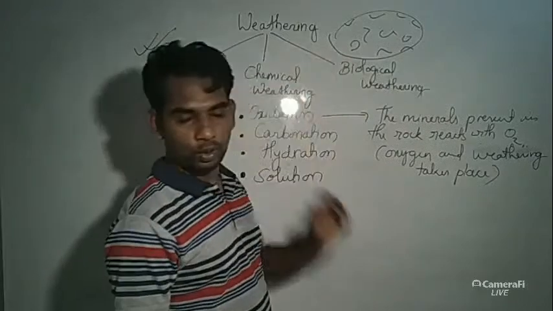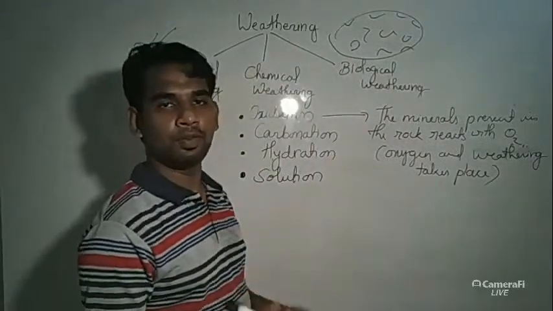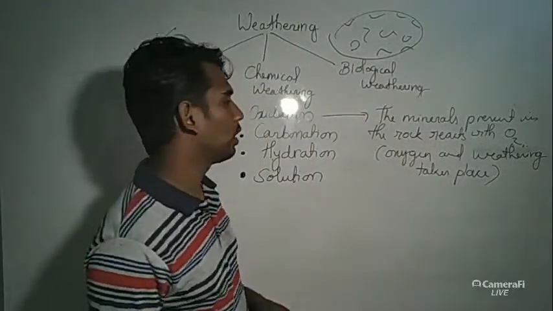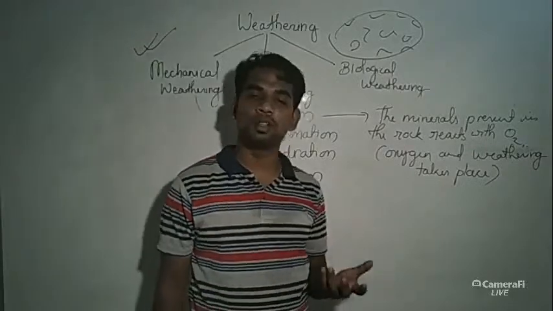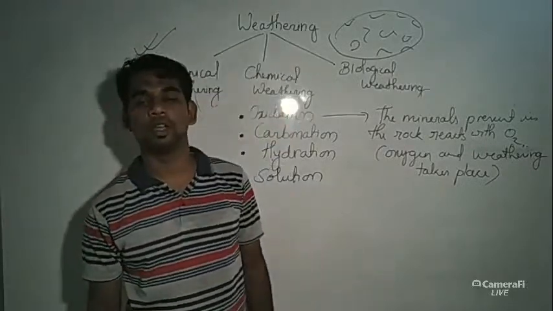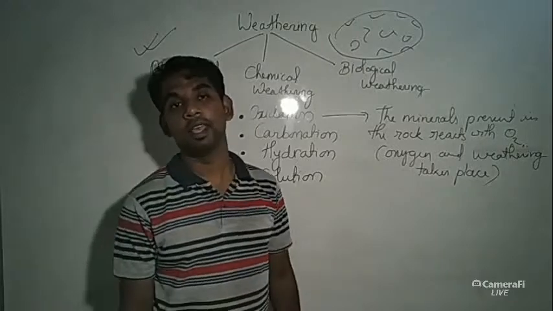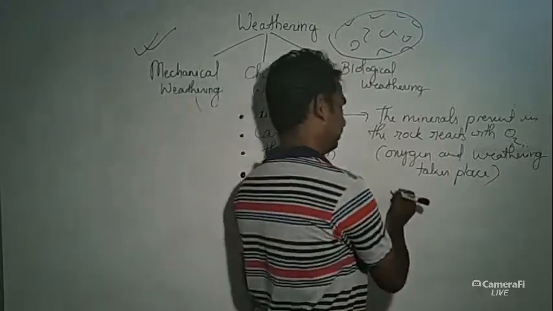Minerals present in the rock, we know very well rock is a composition of different elements, minerals and so on. So what happens, there are certain minerals which actually react with oxygen. You know very well, have you ever heard about rusting?